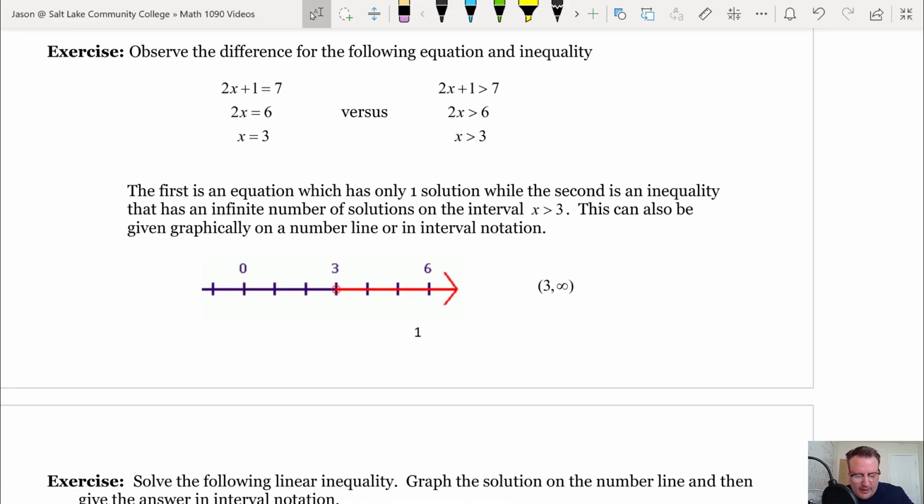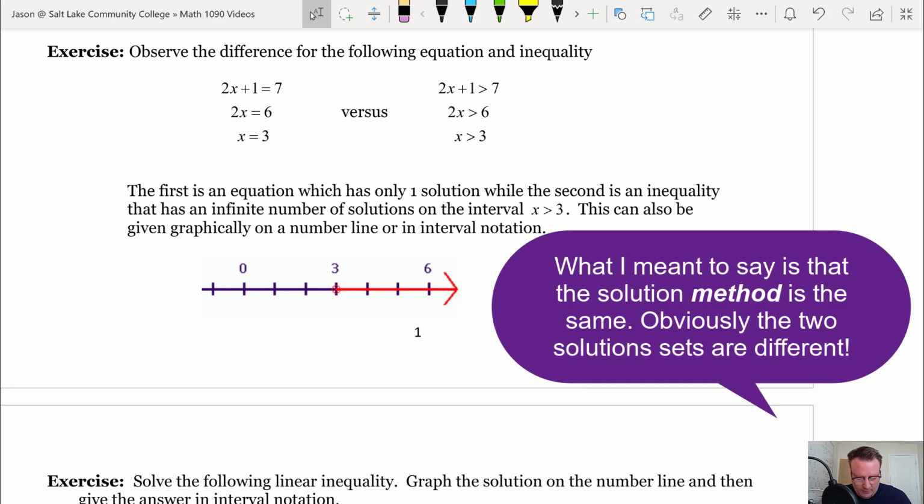So let's start with an exercise. Observe the difference between the following equation and inequality. We have 2x + 1 = 7 versus 2x + 1 > 7. The solution process is the same. You would subtract 1 from both sides of the equation, and we do the same thing with the inequality.